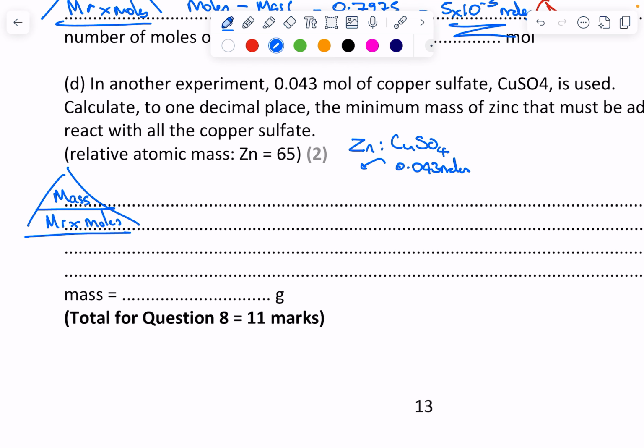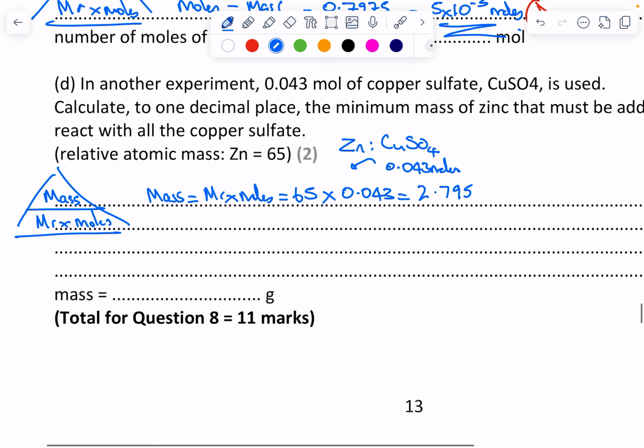So if I know how many moles of zinc I've got, what I'm trying to work out here is the mass. The mass according to the triangle is the Mr times moles. The Mr is 65 times by the number of moles, 0.043. Let's just plug that into my calculator as well. So I've got 65 times 0.043, and that's giving me an answer of 2.795.